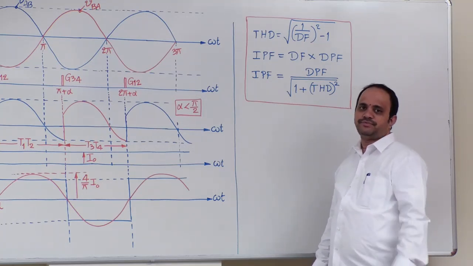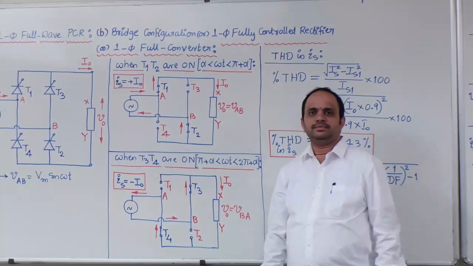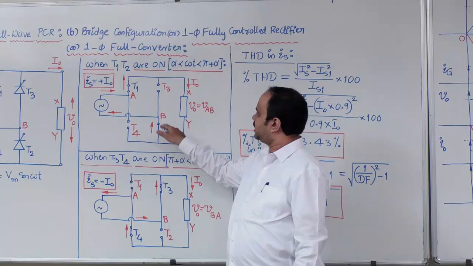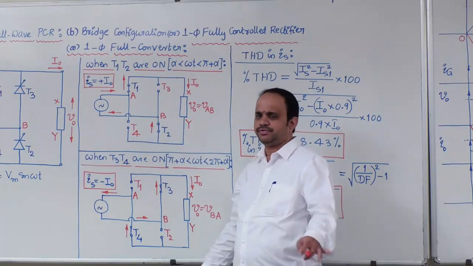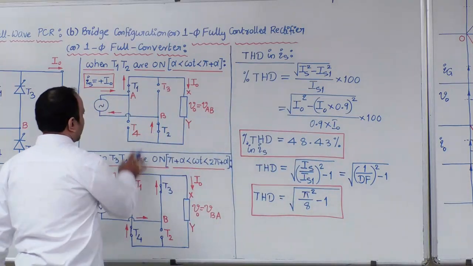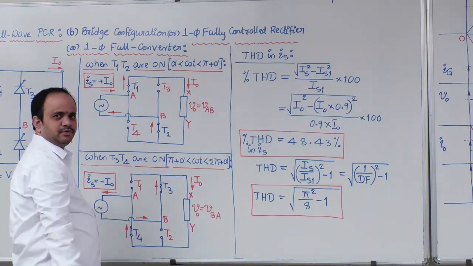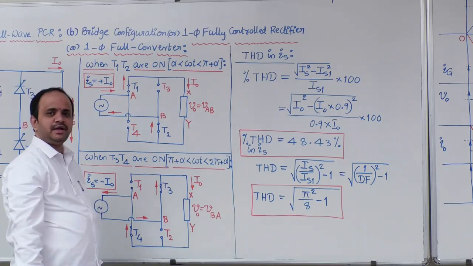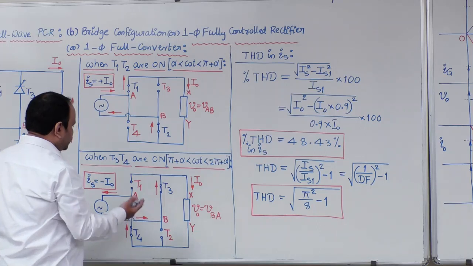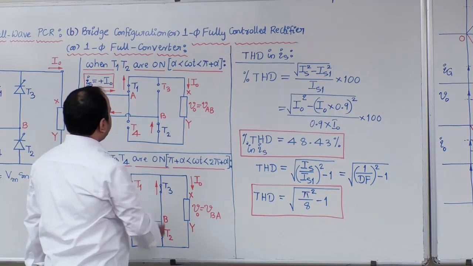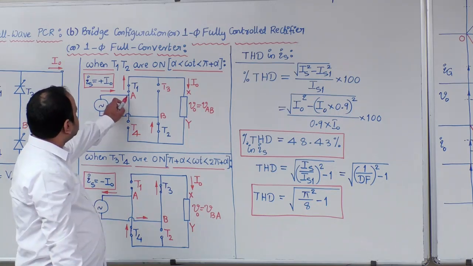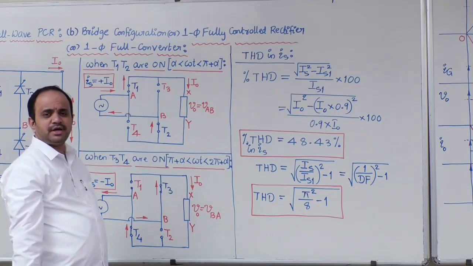Now there is one more waveform: the waveform for any one switch current, your wish. Let me take T1 for reference. We have equivalent circuits from alpha to pi plus alpha and from pi plus alpha to 2 pi plus alpha. Now tell me from where to where the T1 device was in conduction: alpha to pi plus alpha.